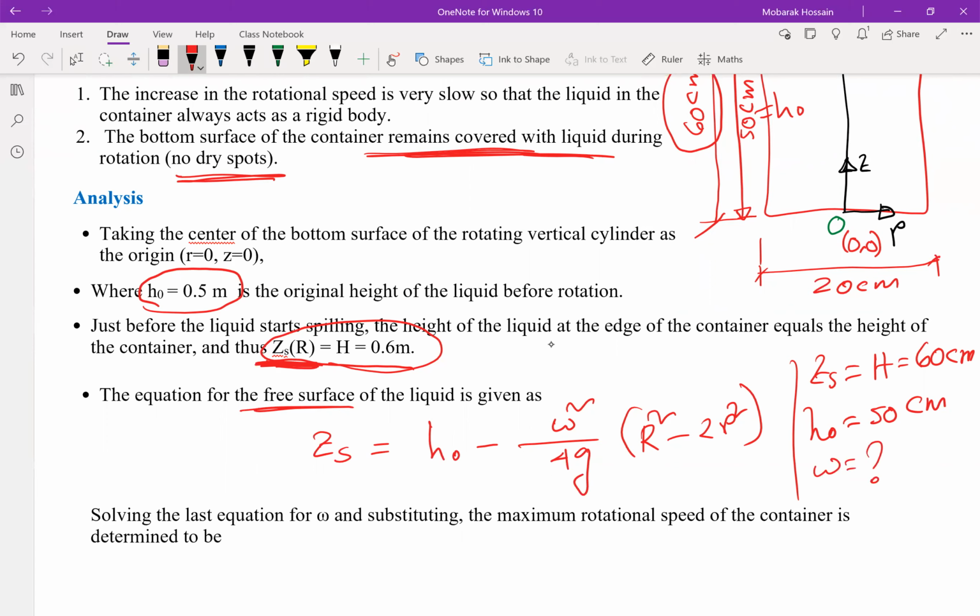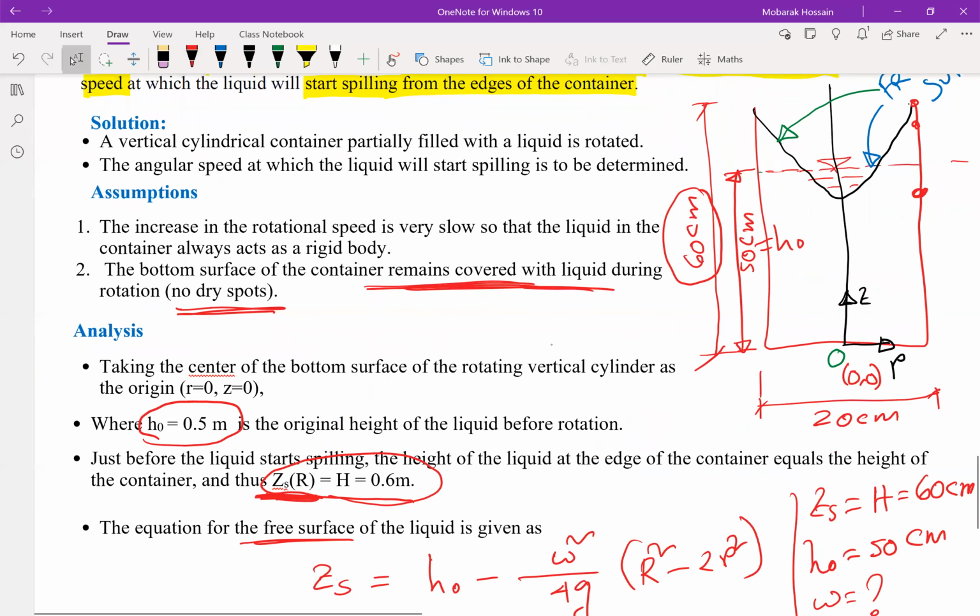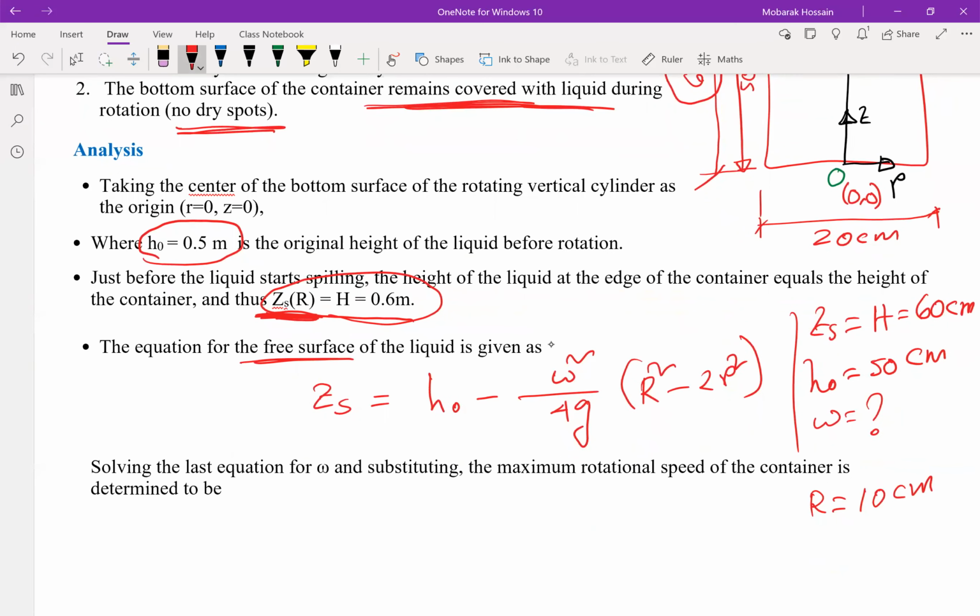Angular velocity is unknown. We'll find out when it will be spilling. Now radius, so diameter is given as 20, so radius will be 10 centimeter. And for small r, we will calculate the free surface at the container wall. So your r will be the same as this one, because it will be spilling from the wall, so it will be the same as the radius of the cylinder.